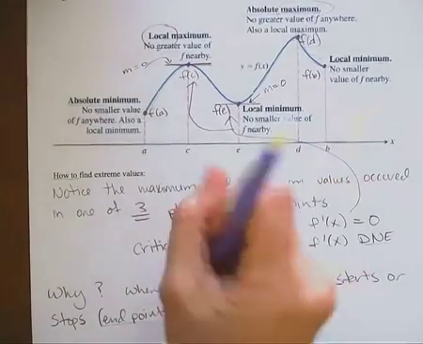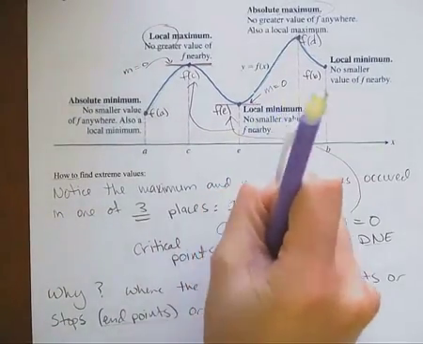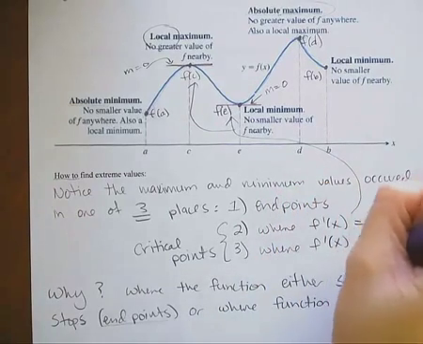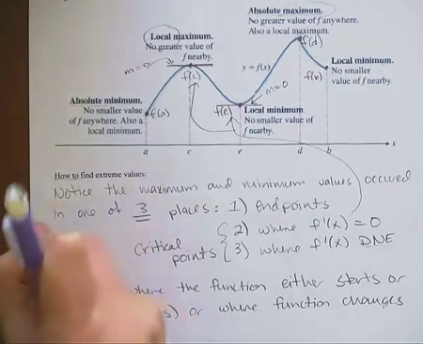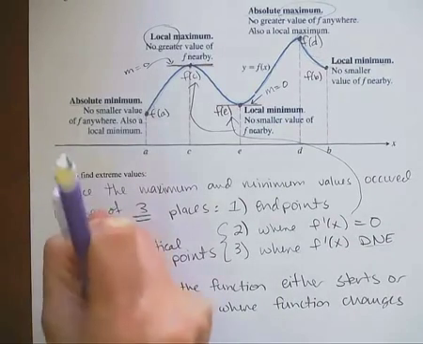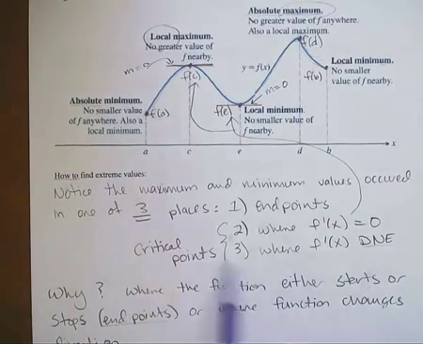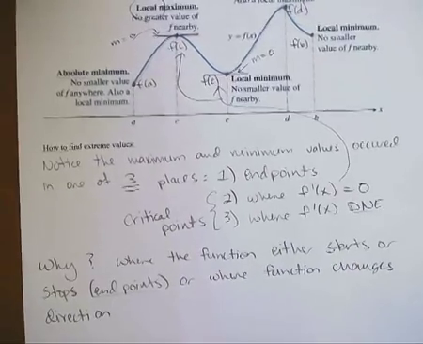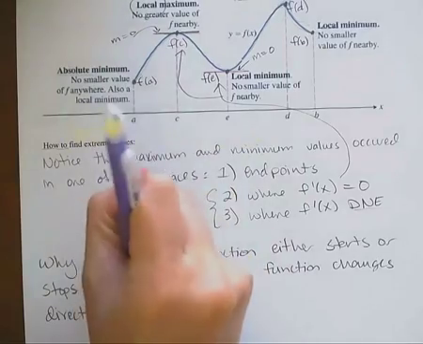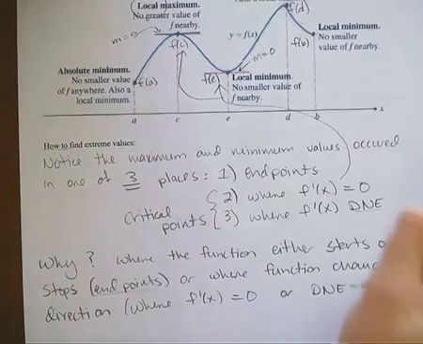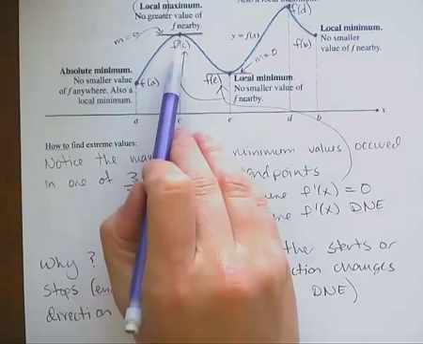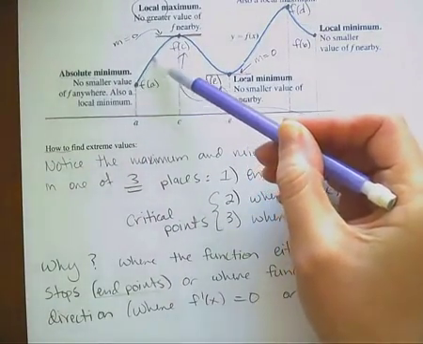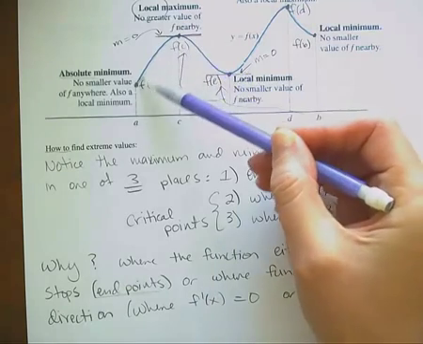But it's also where the function changes direction. And so that happens at these critical points where the derivative is either 0 or undefined. Because you can see that in order for the derivative to be 0, the function has to reach a point where it's changing direction.